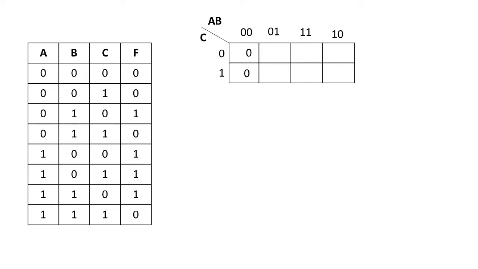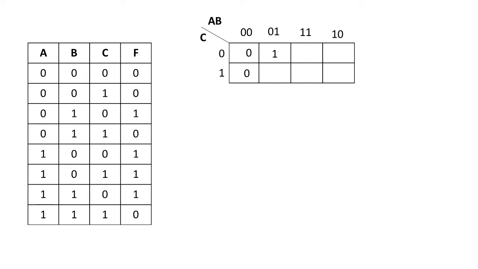Now let us watch the third row of the truth table, where AB is 01 and C is 1. Find out where we should put this function value. Observe, AB is 01 and C is 1, so we put the function result in that position.